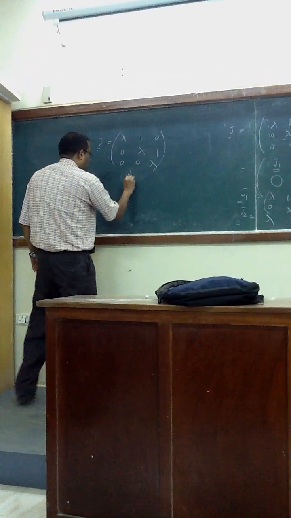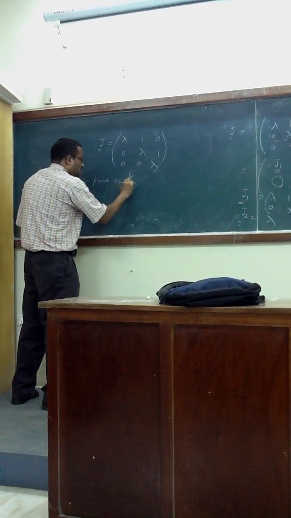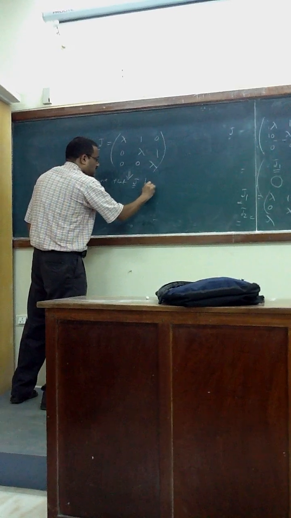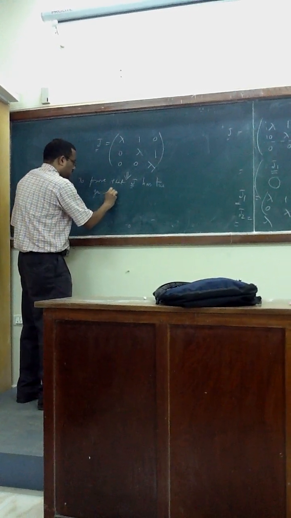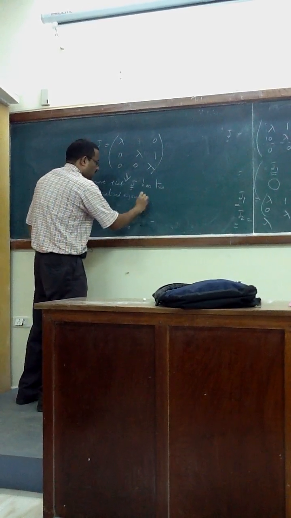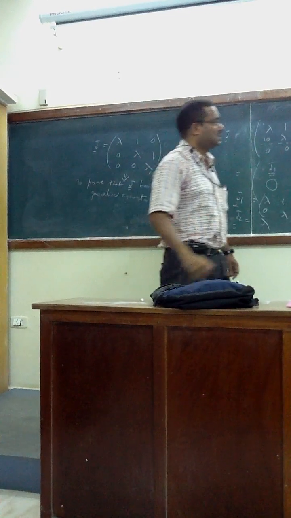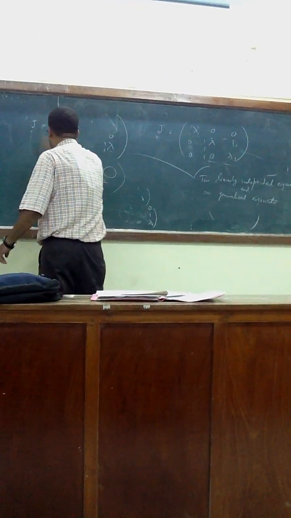So to prove that J has 2 generalized eigenvectors, how to prove it?